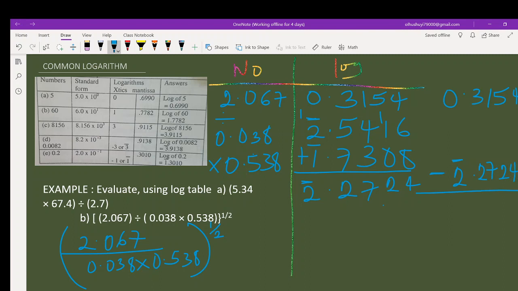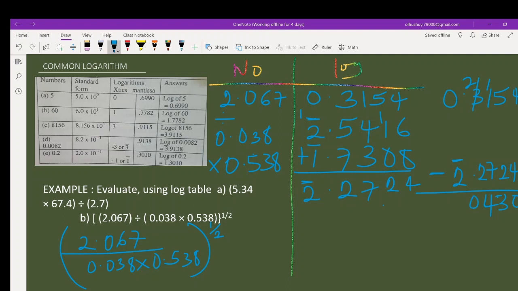What do we have? 4 minus 4, you have 0. 5 minus 2, you have 3. 1 minus 7, not possible. You borrow here. You have 11 minus 7. That is 4. So this is 2 already. 2 minus 2 is 0.